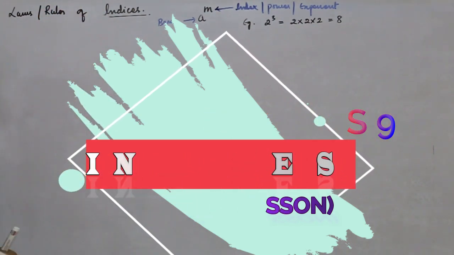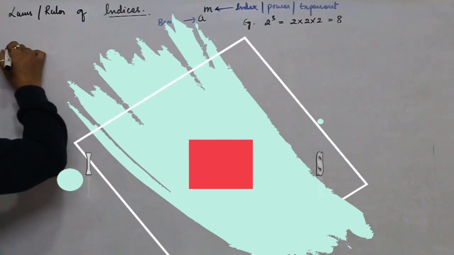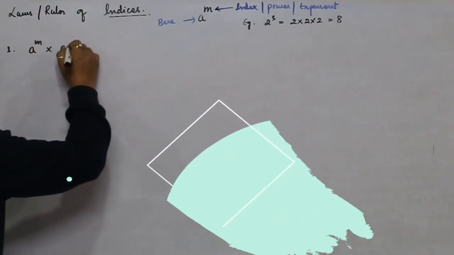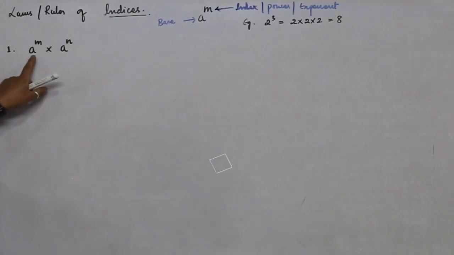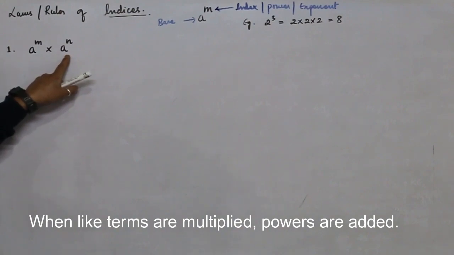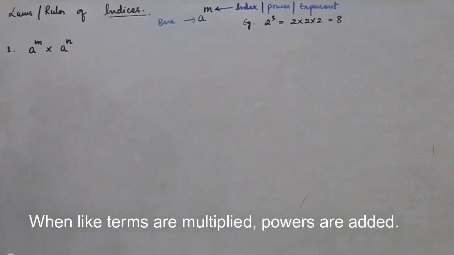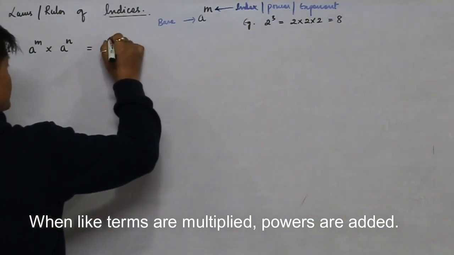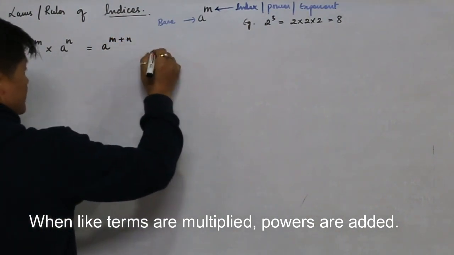The first one is: when like terms are multiplied, powers are added. So if you see a to the power m into a to the power n, our bases are the same. When the bases are the same, they are considered like terms. And when like terms are multiplied, powers are added: a to the power m plus n.